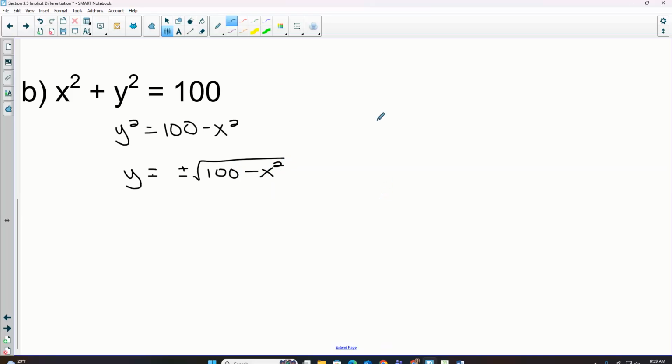Okay, let me ask you a question. If I said x plus 4 squared, can you just take the square root of both and say x squared plus 16? No. So if it's 100 minus x squared to the 1/2, can you take the 1/2 to each of them? No.